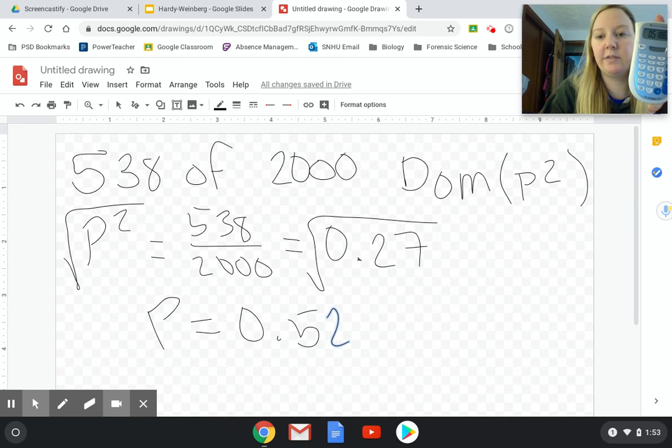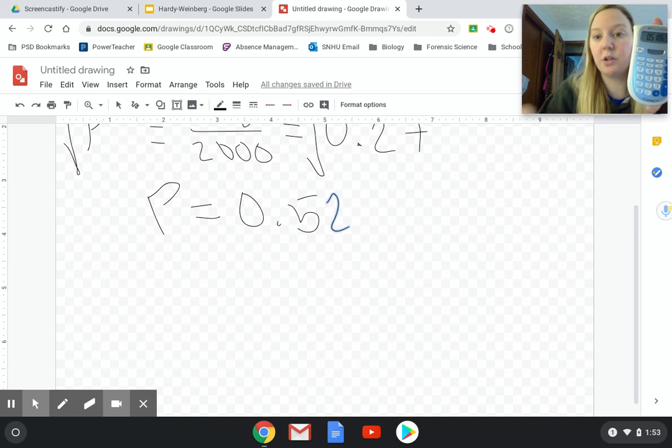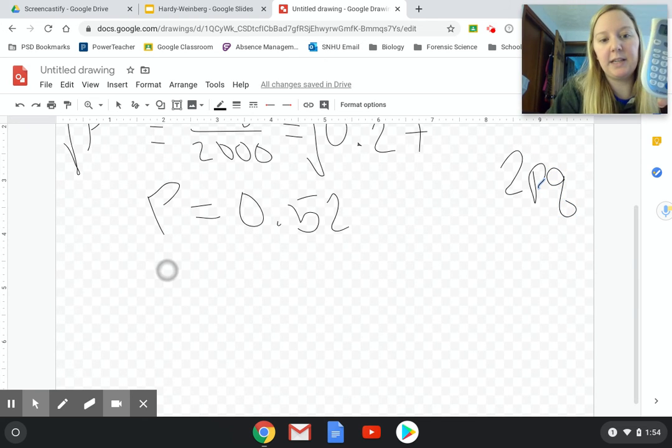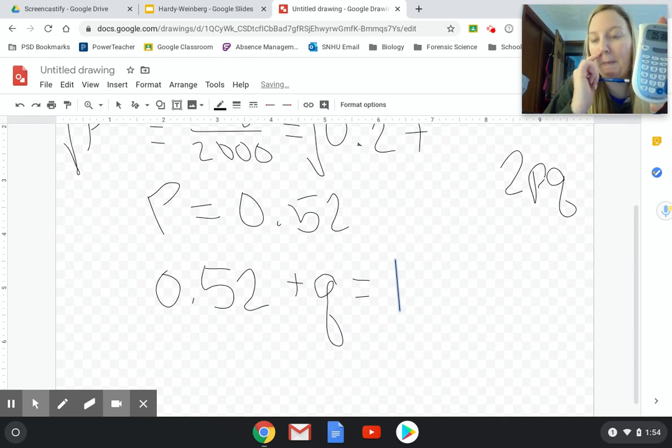Okay, so then we have our two equations, p squared plus 2pq plus q squared equals 1, and p plus q equals 1. What we need to do is find q, because remember, we're looking for that 2pq value. So we take 0.52 plus q equals 1.